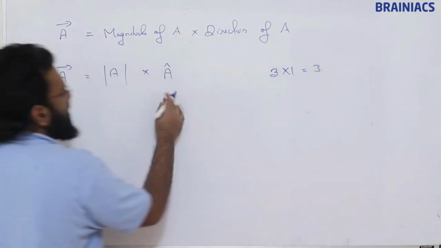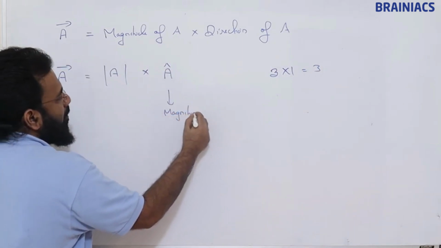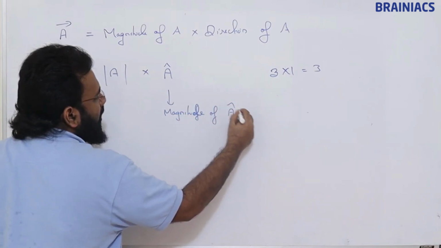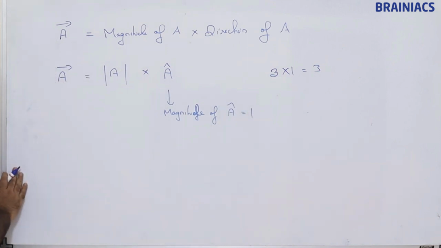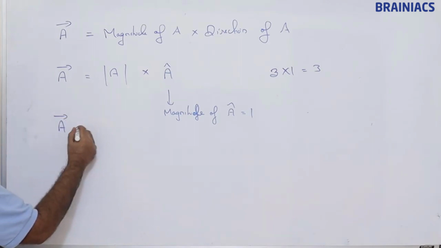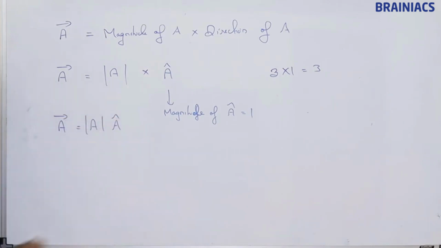Just like that, the magnitude of a unit vector is nothing but 1, so it will not make any change. Clear? So we can write vector A as the magnitude of vector A into the unit vector.